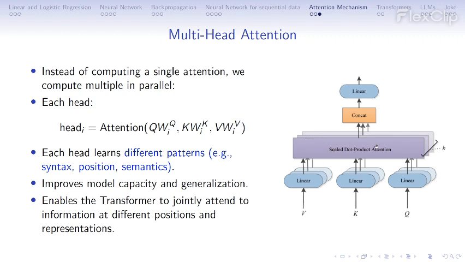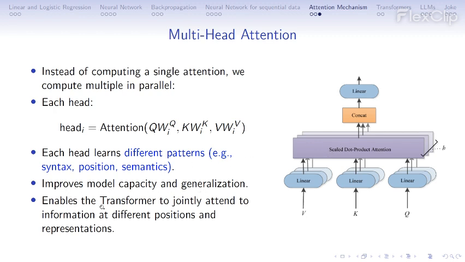multiple heads, and what does that mean? It means the model also learns what kind of meaning a word has in different contexts. And parallel computation is achieved, and we have a much better model to understand sequential data. So basically each head learns different patterns, for example syntax, position, semantics. It improves model capacity and generalization.